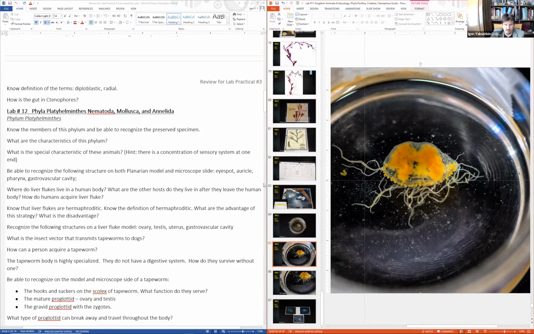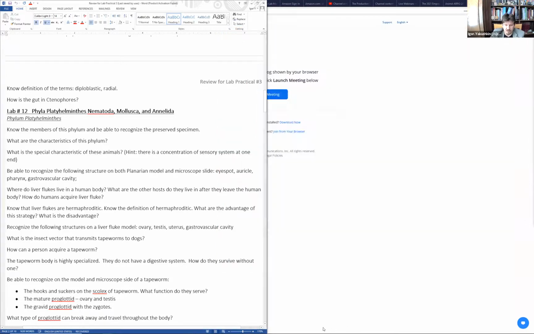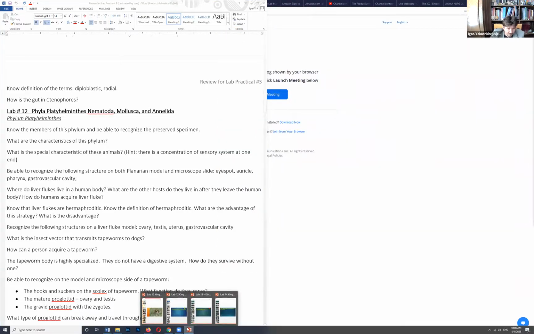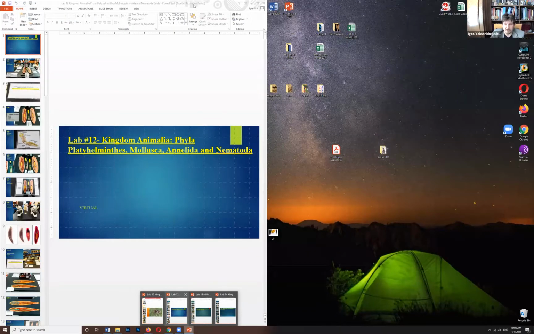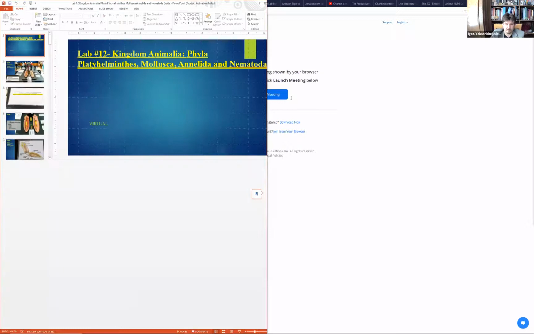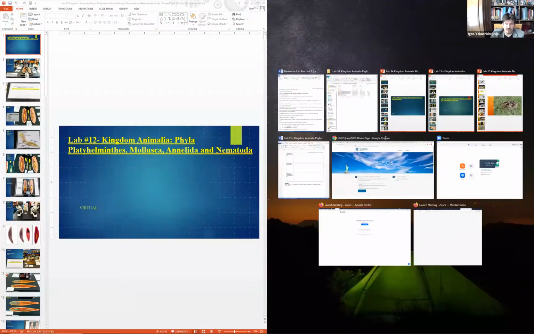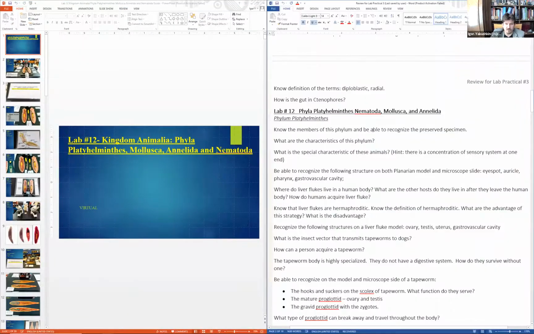Let me pull out the other, the lab number 12. Yes, that one. So lab number 12. Flatworms: know the members of the phylum, be able to recognize the preserved specimens.